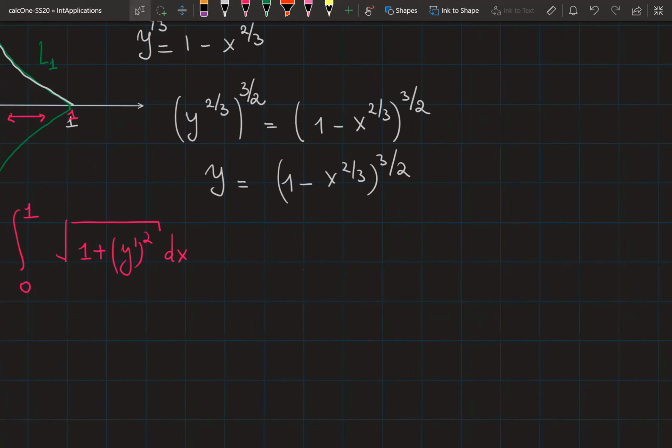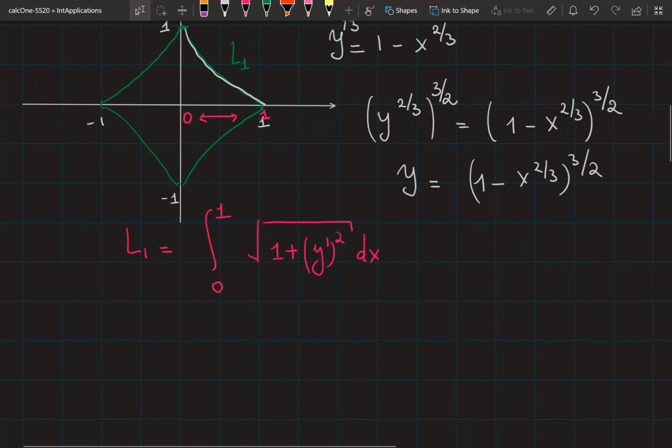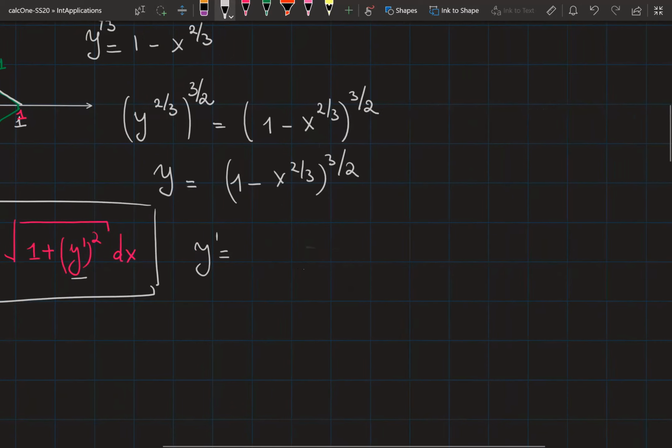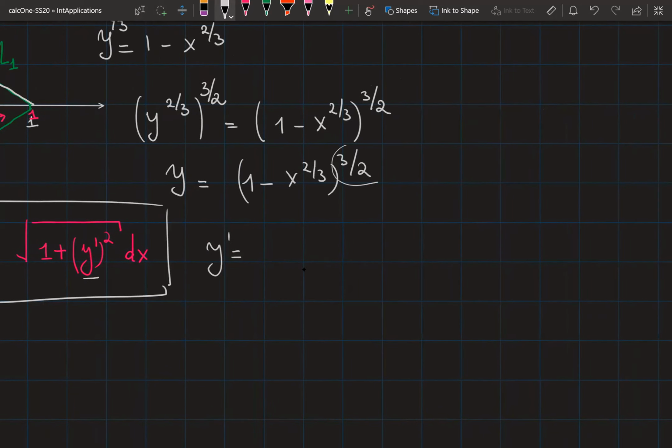First of all, we need to find the derivative of this function, right? So we are going to use this formula. First, we need to find y prime. Since this is a power function, its power is going to come down.